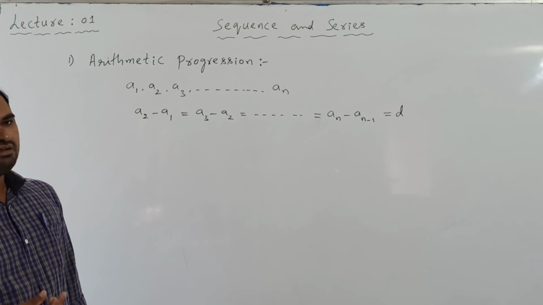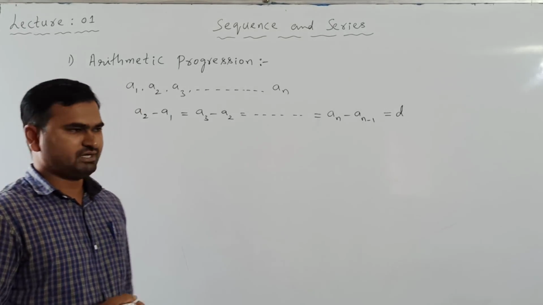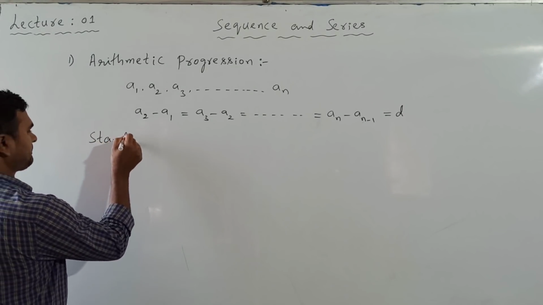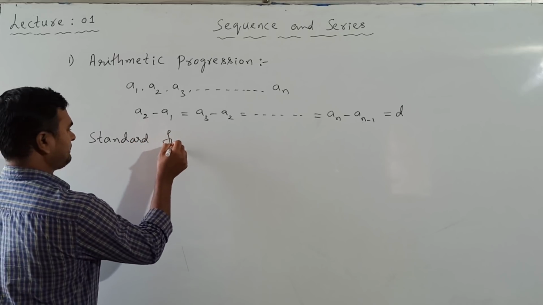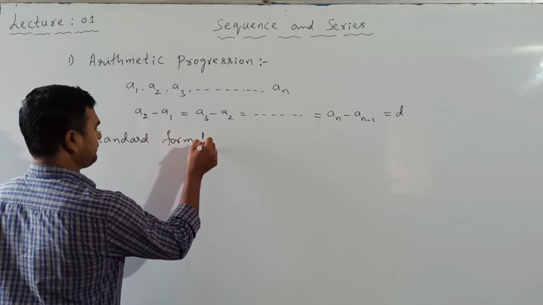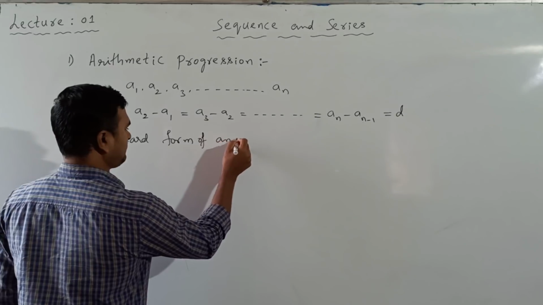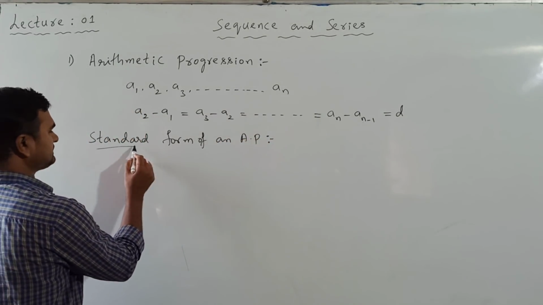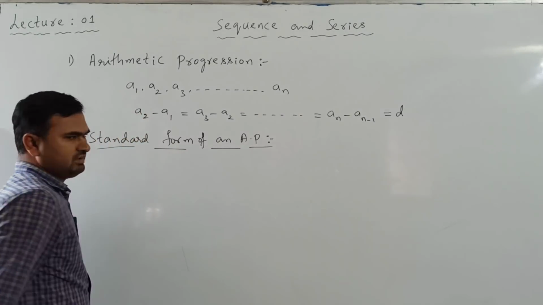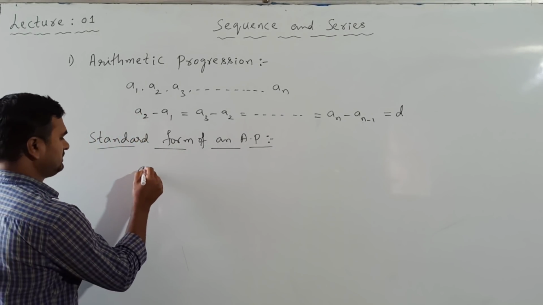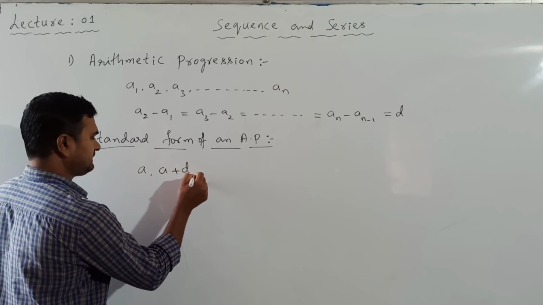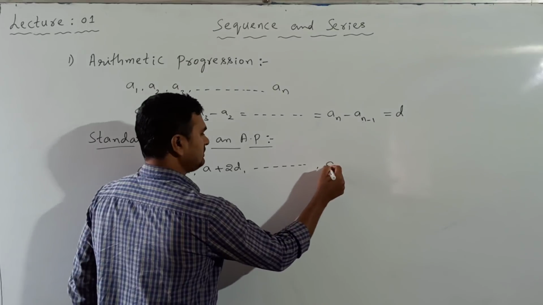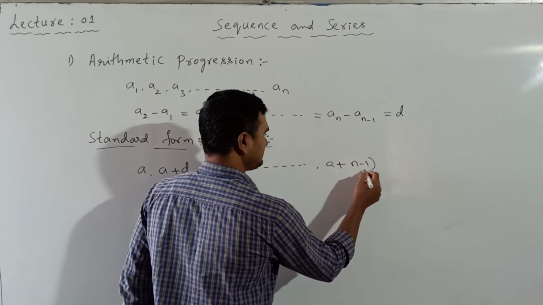Next, the standard form of arithmetic progression. It is given by a, a plus d, a plus 2d, and so on, up to a plus n minus 1 into d.